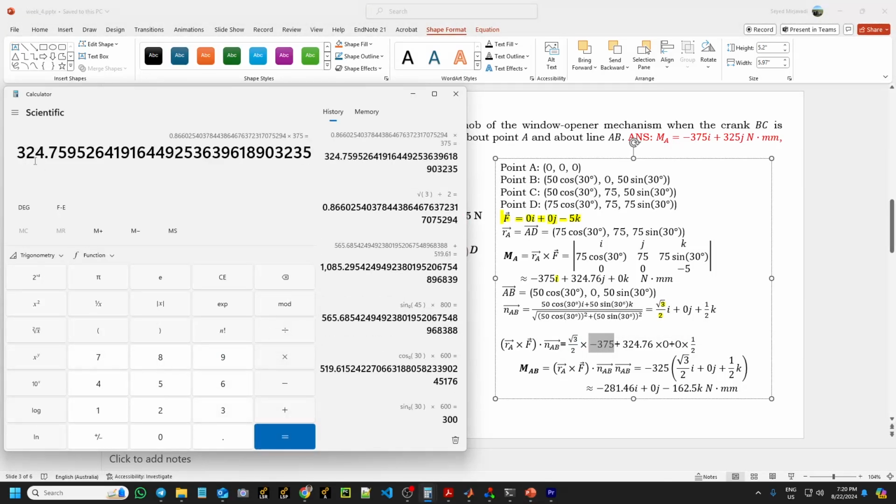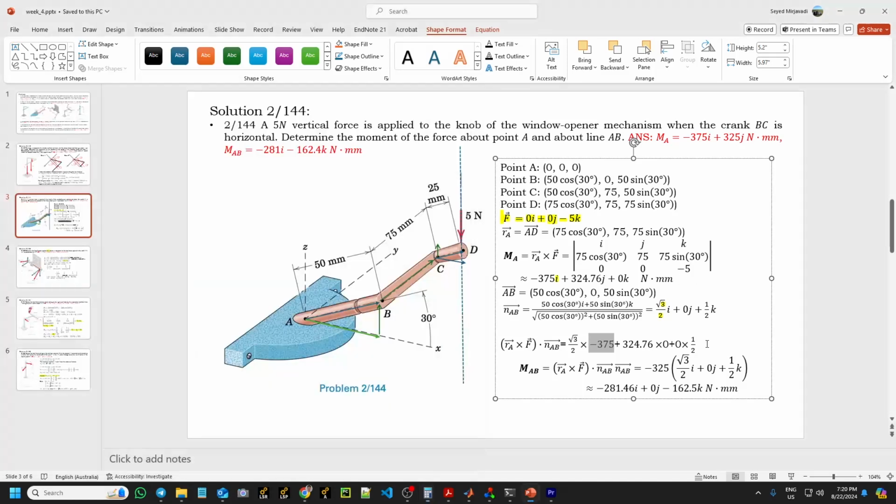It will be 325, but it has a negative sign. Okay, the negative sign is very small. I will just copy it here: negative 325.